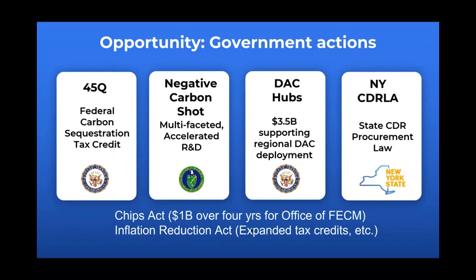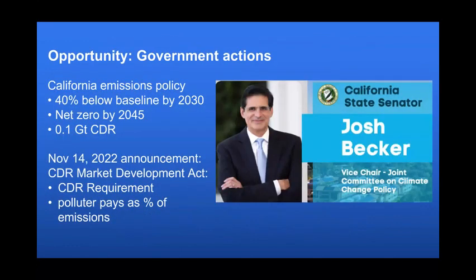The Inflation Reduction Act adds tax credits for DAC as well as for CCS. And there's a Department of Energy initiative called the Negative Carbon Shot, which is trying to figure out how to go carbon negative as soon as possible. And that's where there's a lot of activity from the Office of Fossil Energy and Carbon Management.